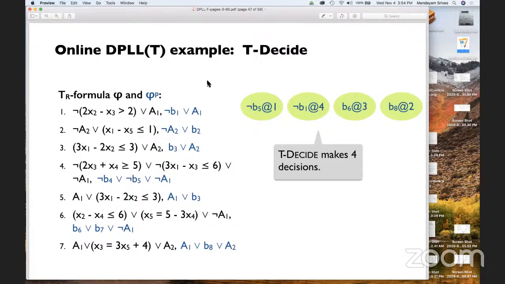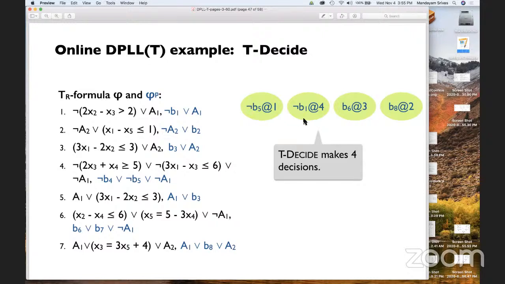Okay, so to see what I mean by incrementality, let me go back to how DPLL(T) uses the theory solver. Here it's linear arithmetic with some Boolean combination. As you know, the atomic literals are the ones asserted as Boolean abstraction, Boolean literals at the DPLL level.